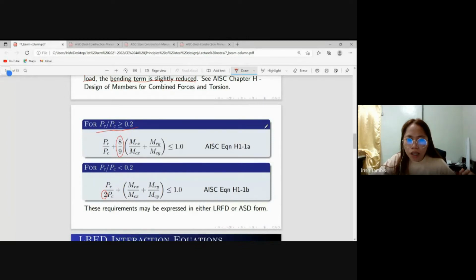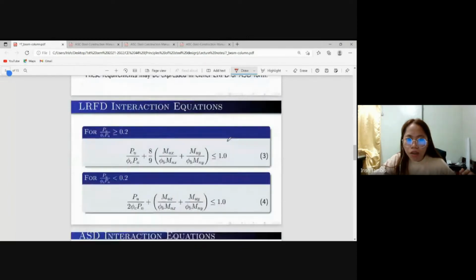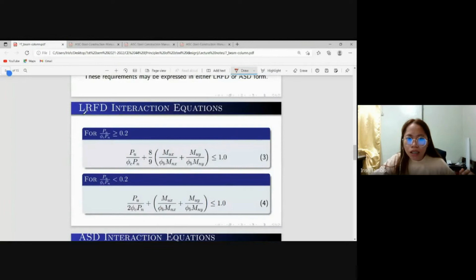The general formula. But if we apply now the LRFD interaction equation, so this P sub R will be mahimo siyang P sub U, and the P sub C or the available strength will be equal to the resistance factor times the nominal strength, no?